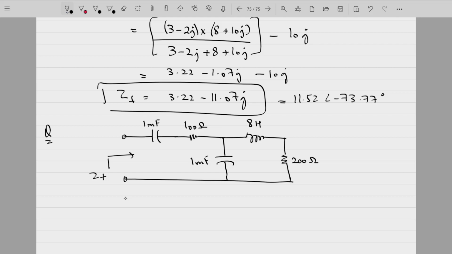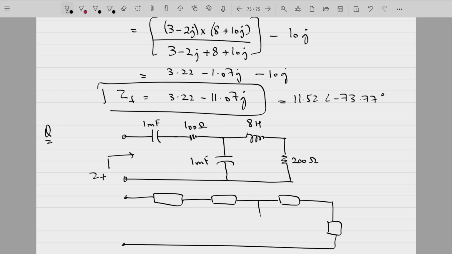तो omega is 10 radians per second. Omega for this is 10 radians per second. So this is minus J by 10 into 10 raised by minus 3.